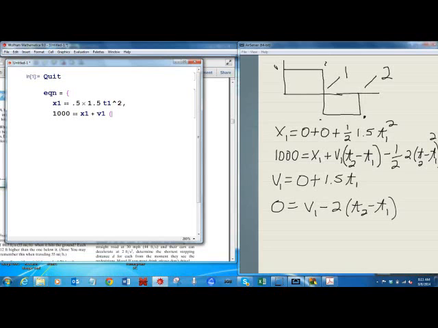V1 times parentheses T2 minus T1 close, minus 0.5 space 2 parentheses T2 minus 1 close parentheses squared. So far, okay? Oh, you're right. Thank you. That would have given me crazy answers.